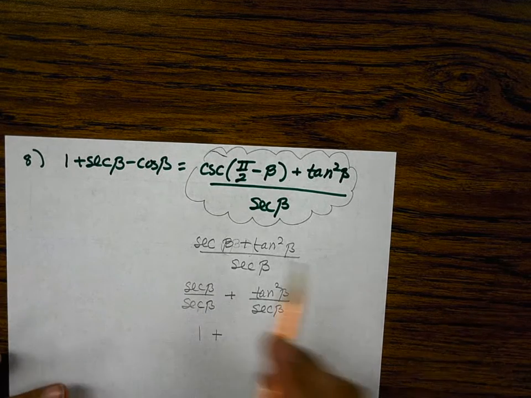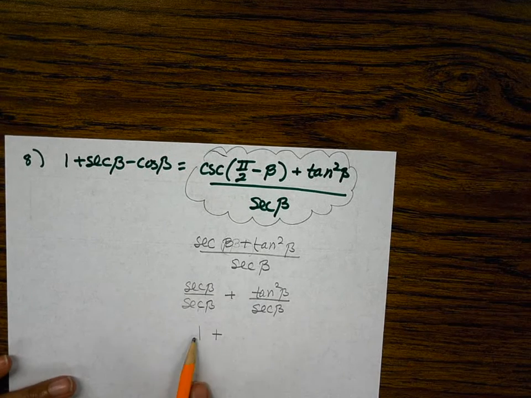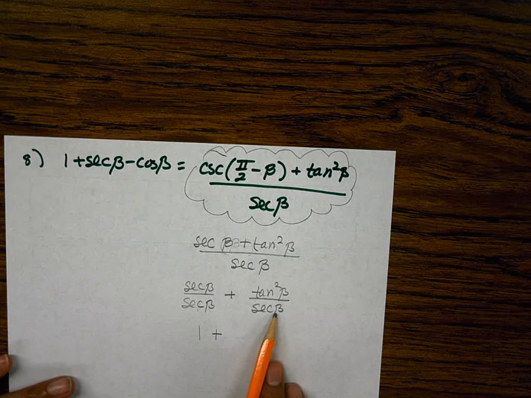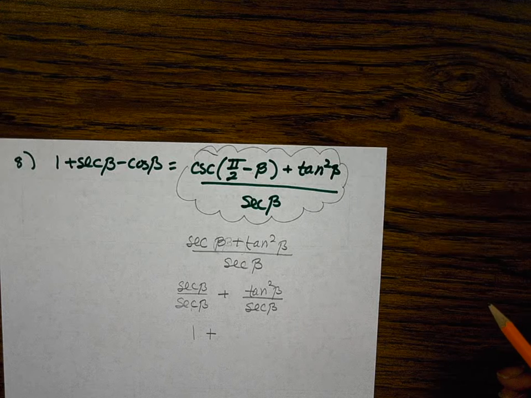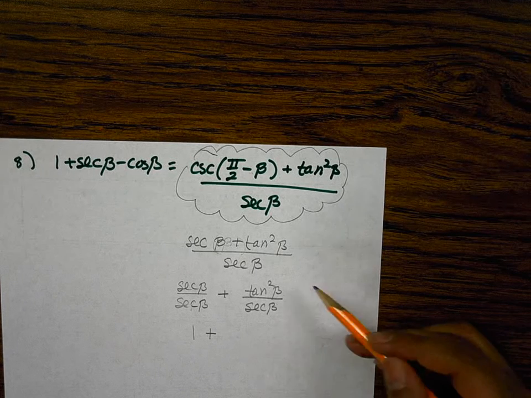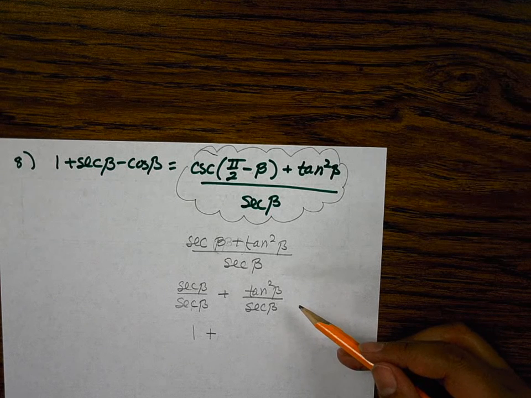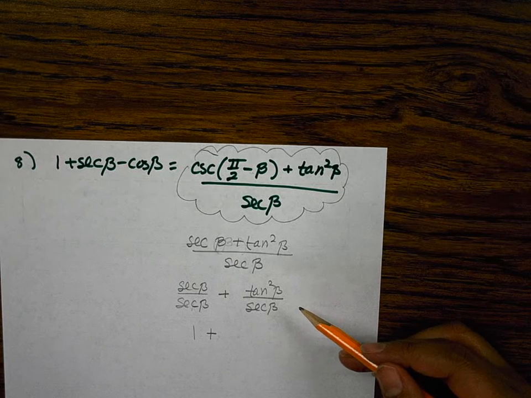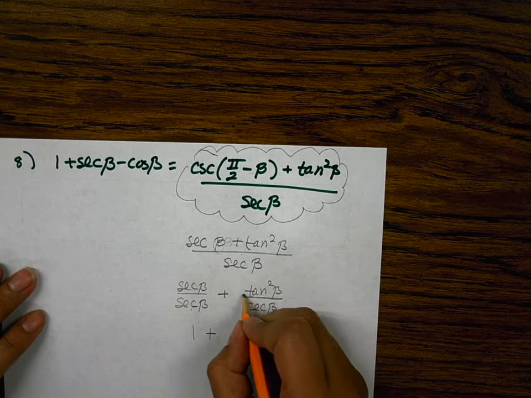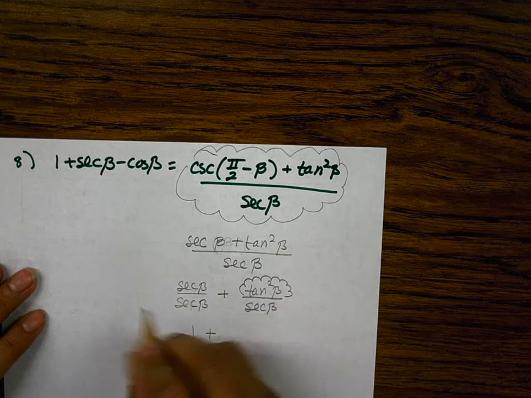again, looking at what I'm trying to get, I have the 1 in place. I see secant, I see cosine. I don't see a tangent in there at all, so I'm definitely going to change the tangent and see what I can come up with. So I'm changing the tangent since there is no tangent in that problem.